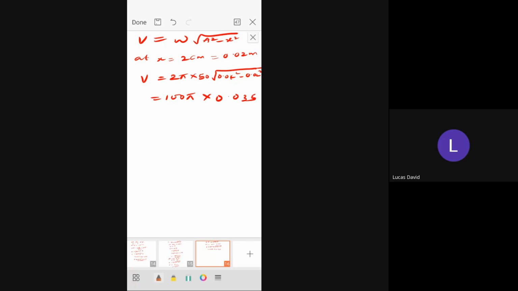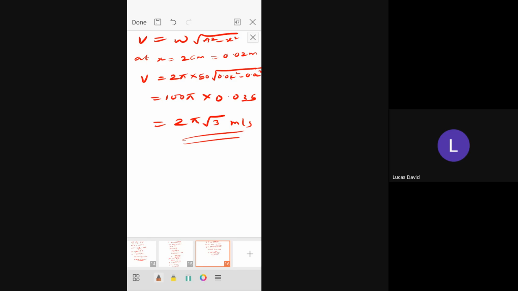I don't want it in decimal. I'm going to write the answer in surd form, and this will give me 2 pi square root 3. I think putting it down this way is better.